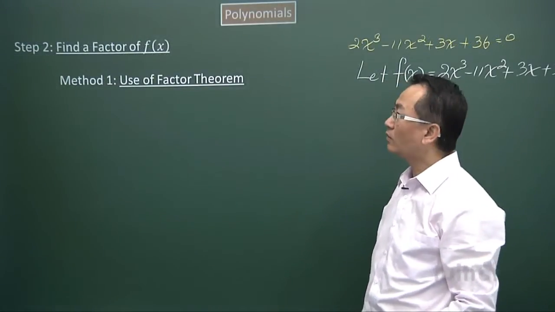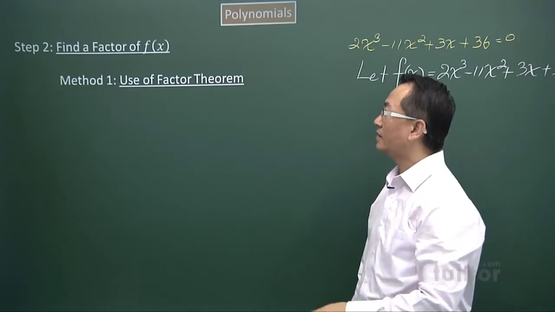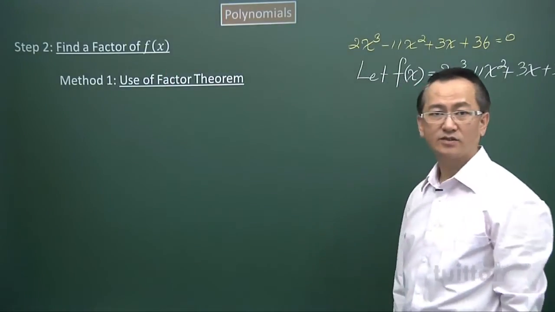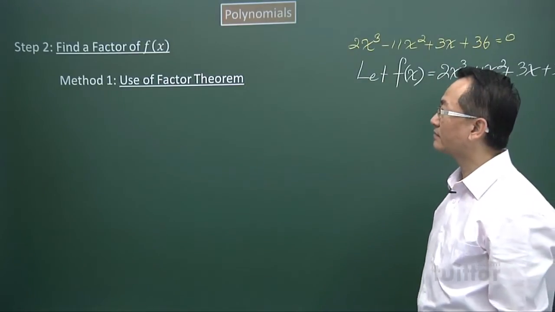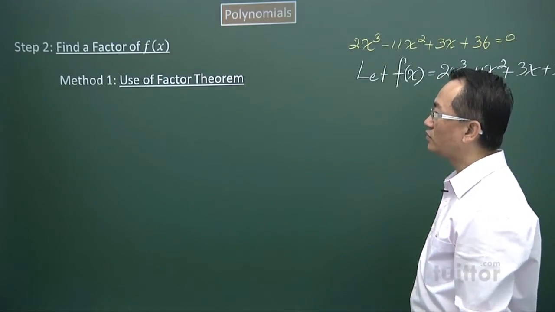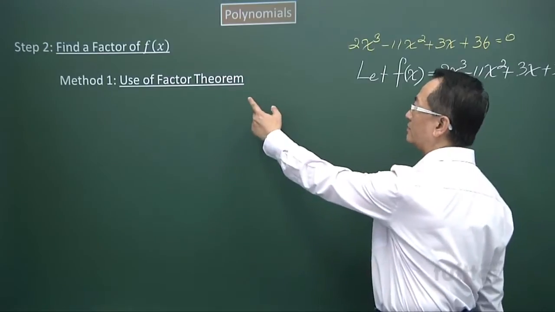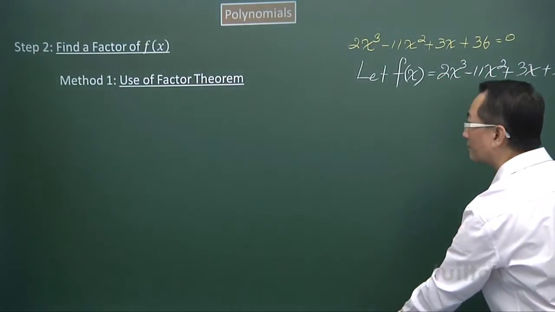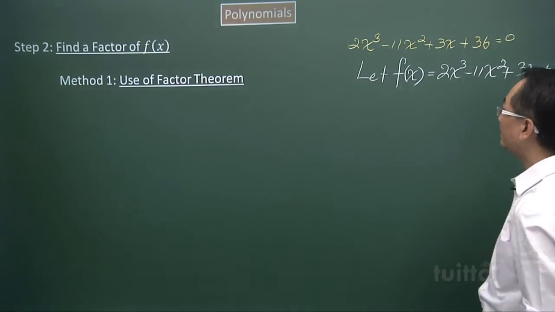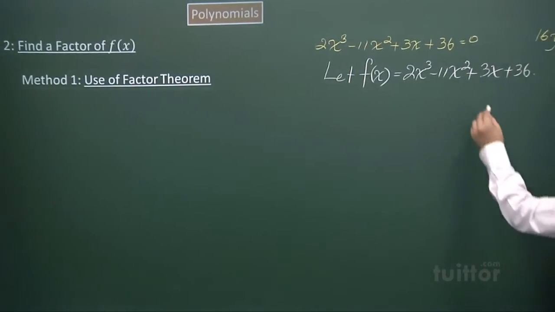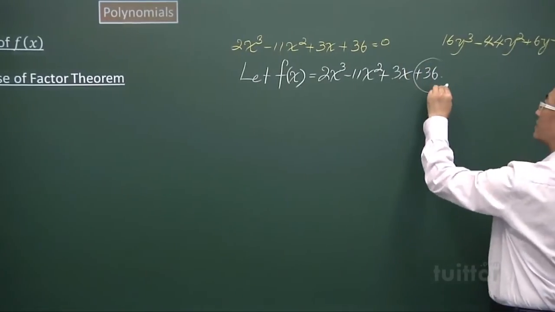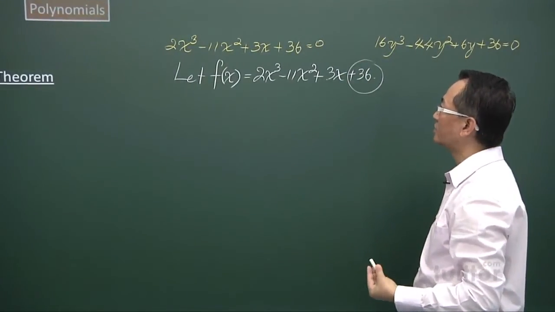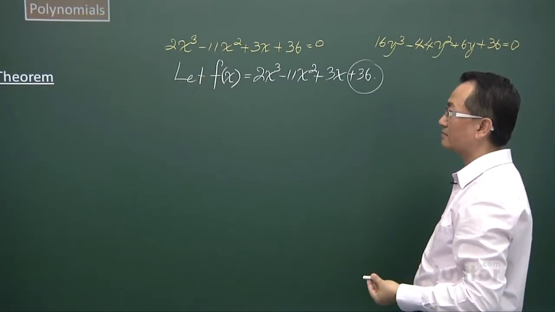So now we look at how to find a factor for f(x). There are two ways to do that. Method 1, we use the factor theorem. To do that, we focus on the constant here, so we think of all the factors of 36.